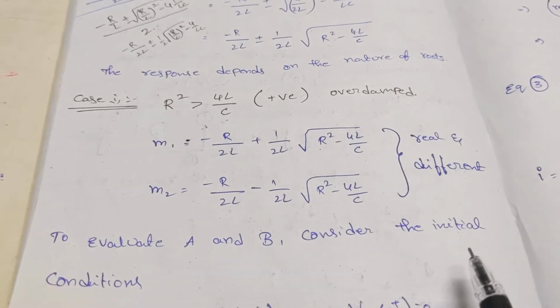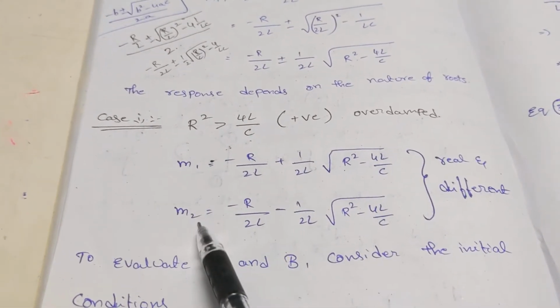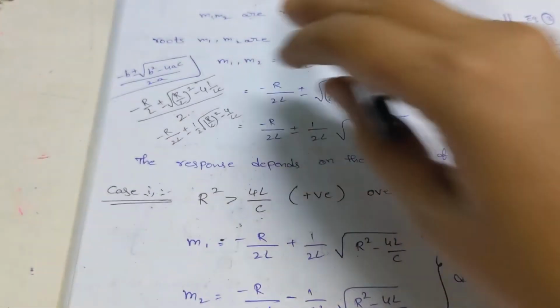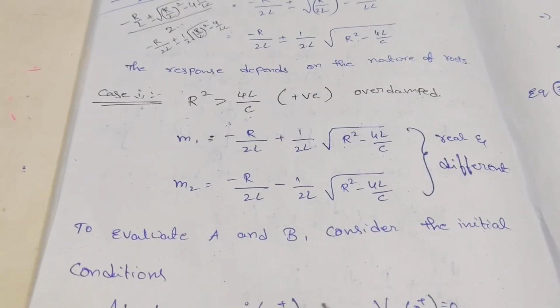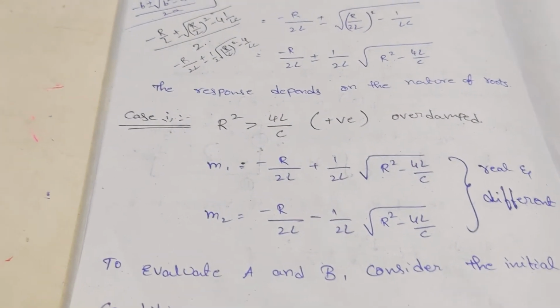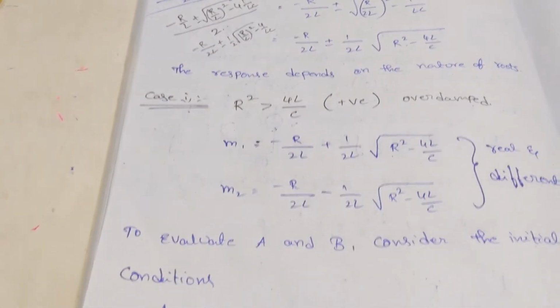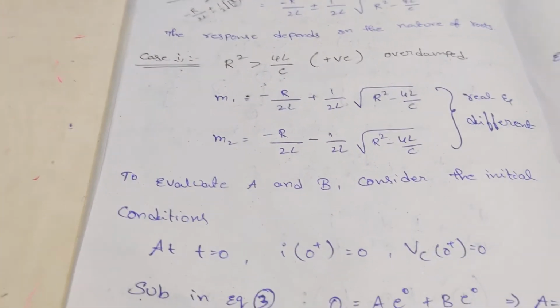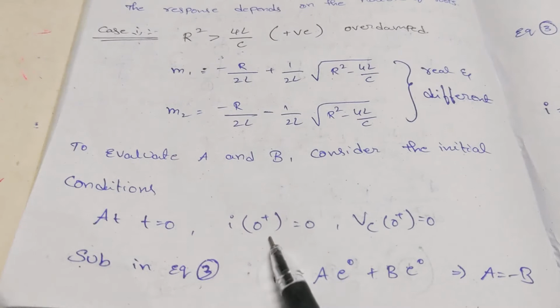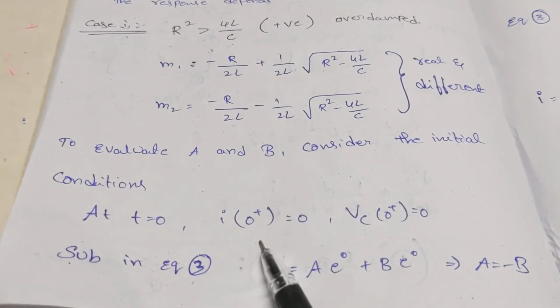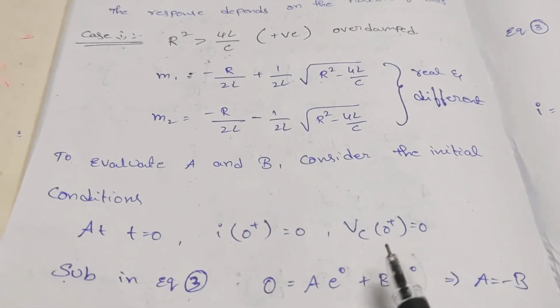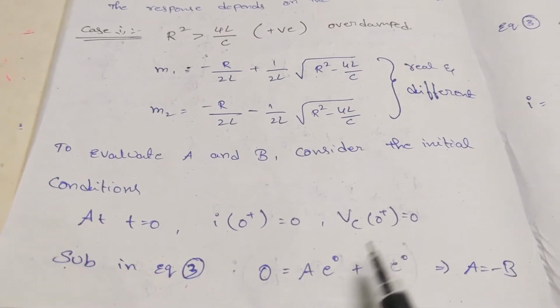Real and different. Once we got the roots, now we are supposed to find out your constants a and b. To find your constants, we simply go through our initial conditions. Our initial conditions are: current flowing through your inductor is 0 and voltage across your capacitor is 0.